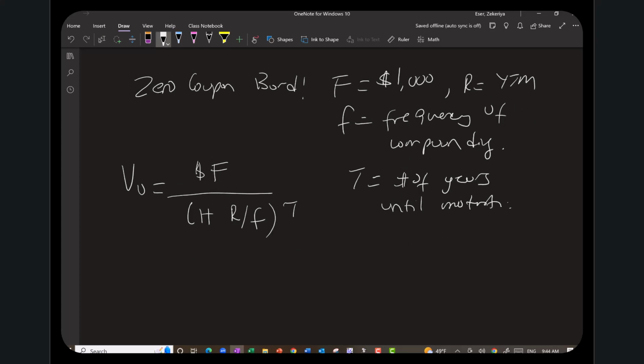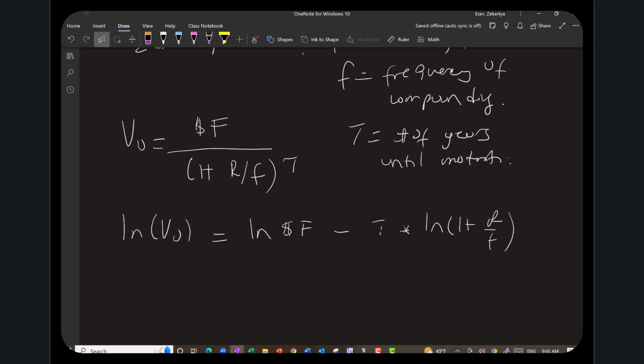If I took the log of both sides, that would be ln $F minus t times, using the rules of log, ln(1 plus R over f), right?